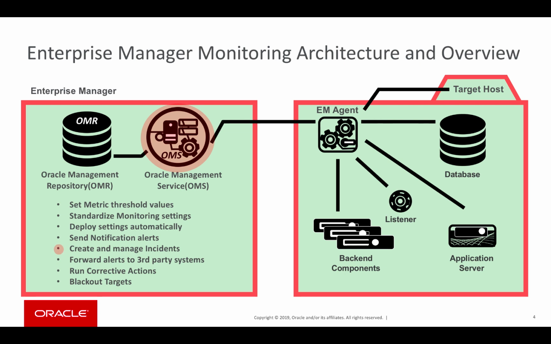Based on the alert you get, you can create an incident and manage the incident's lifecycle in Enterprise Manager's built-in Incident Manager capability. Here you can assign the incident to somebody, set priority, and change status using a dedicated console. Or if you prefer to manage alerts in third-party ticketing systems, you can forward the notification from EM to those tools, create tickets in that tool, and send updates as the status changes.